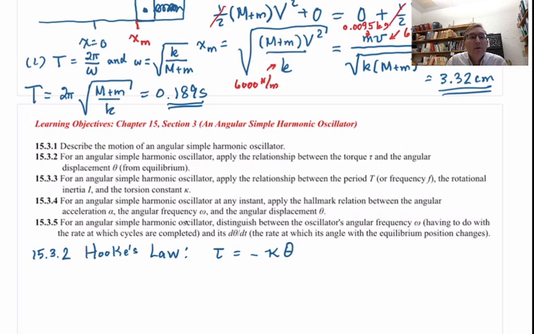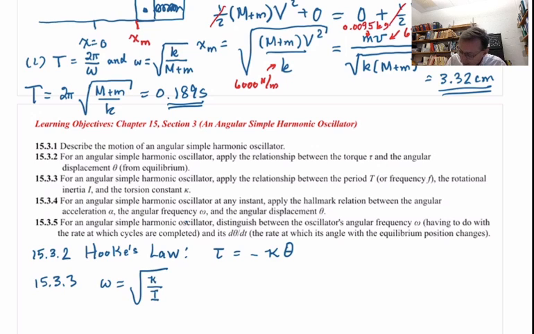15.3.3. For an angular simple harmonic oscillator, apply the relationship between the period, capital T, or frequency, little f, the rotational inertia I, and the torsion constant kappa. Okay, we wrote that down by applying Newton's second law. The angular frequency for a torsional oscillator is the square root of the torsional constant kappa over the rotational inertia of the object.